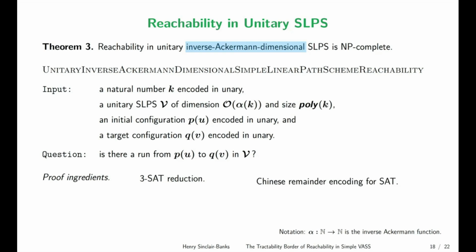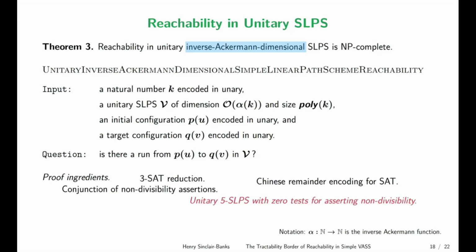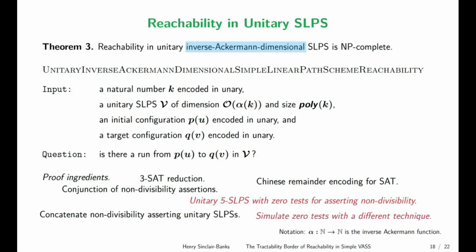So it's the same thing, but okay, now the headache's getting really thick. So we're going to have a 5-dimensional system that tests for a certain amount of divisibility, and it has 0 tests. But the most annoying thing was that the previous black box lemma that I gave you is really not unitary, really, really not unitary. So we have to come up with a new idea for how to simulate 0 tests.